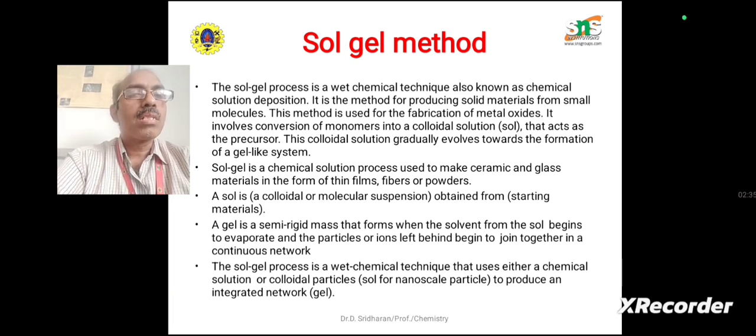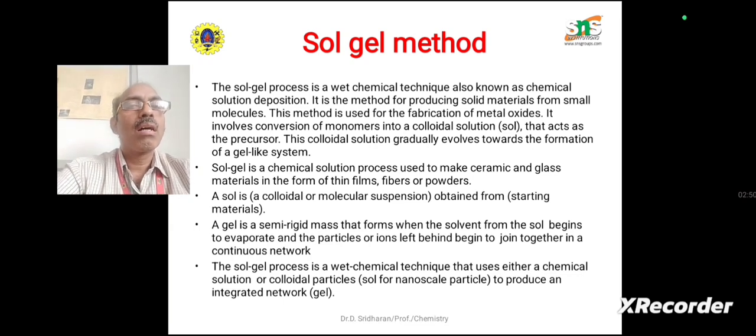The colloidal solution gradually evolves toward the formation of a gel-like system. The sol-gel process is a chemical solution process used to make ceramic and glass materials in the form of thin films, fibers, or powders.